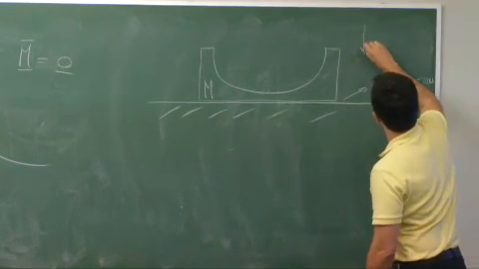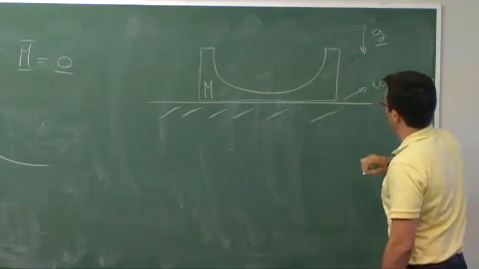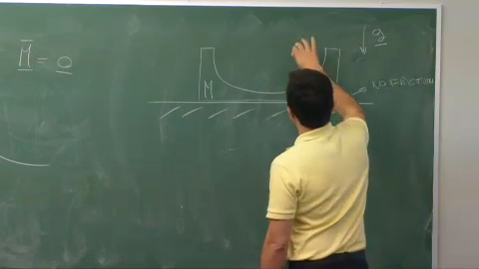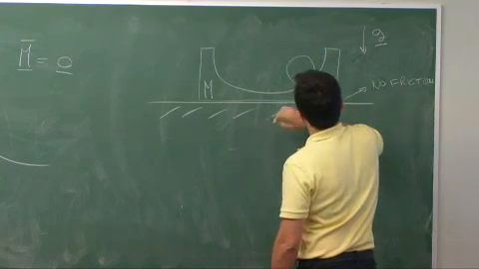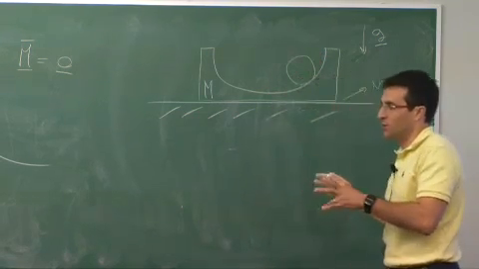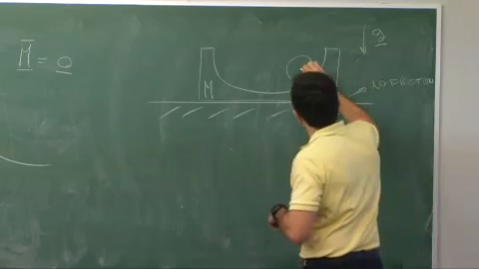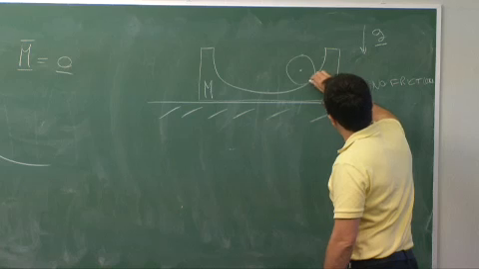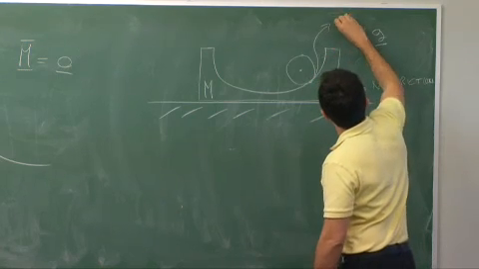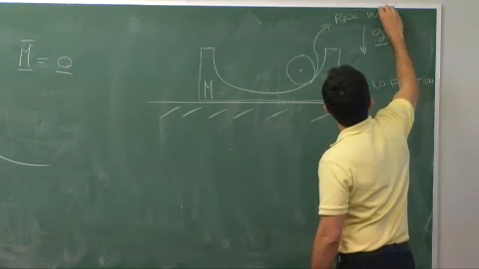There is gravity here. And inside this semicircular guide, there is a disk, which this time is not a weird disk, it's a uniformly distributed mass disk. So it's a regular one. And there is also roll without slip between the two.